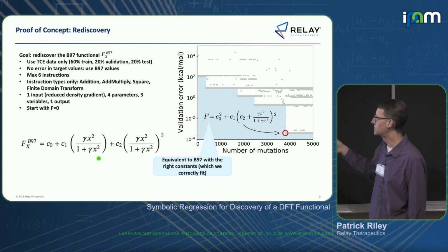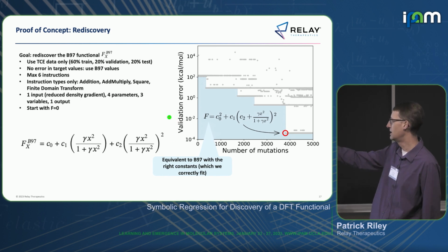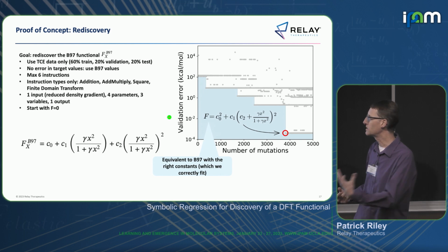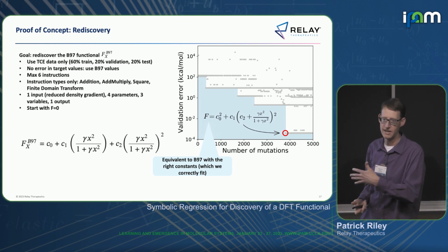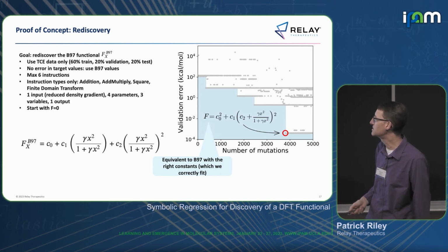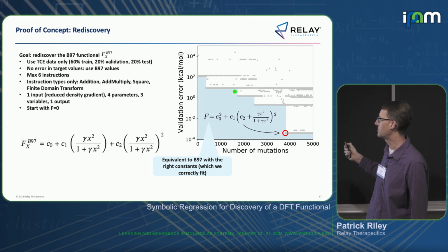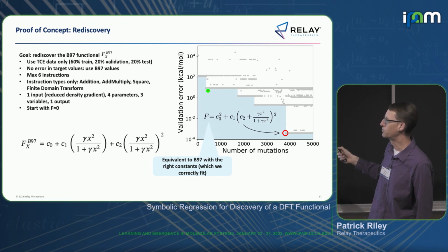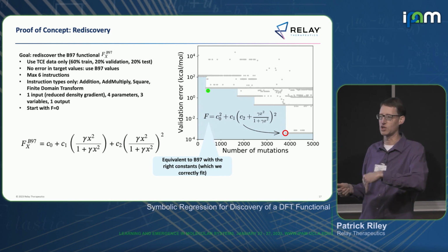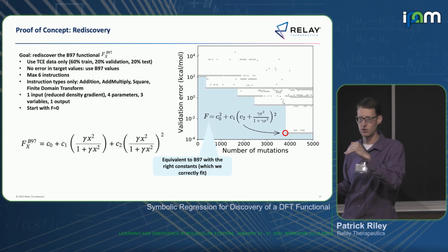I'm going to show some plots that look a lot like the one I've got up here. We're counting the progress of the evolution going from left to right, in terms of the number of mutations that we've done. The gray dots are the values for various functionals that we have along the way, and we use this blue area to show progress over time. It's the best functional found so far.